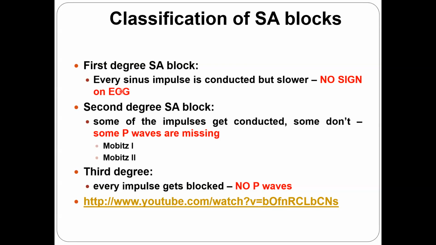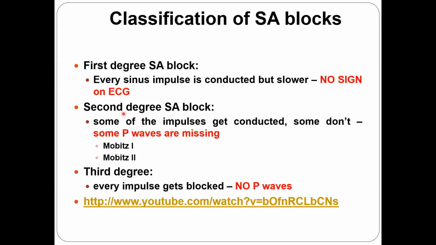However, the charge is not getting out from the SA node. Again, that's not easy to diagnose, basically from the arrest or complete stop of the SA node, especially when we are talking about third degree SA block, because there is no P wave and we only have a junctional escape rhythm.